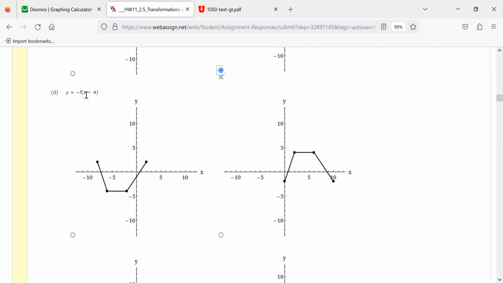Negative f of x minus 4. What does a minus do? The minus in front is what kind of reflection?